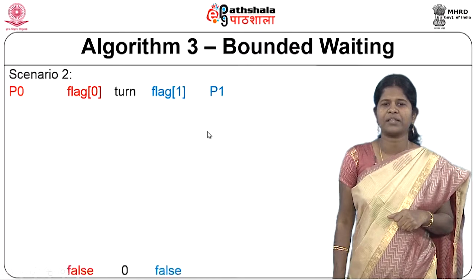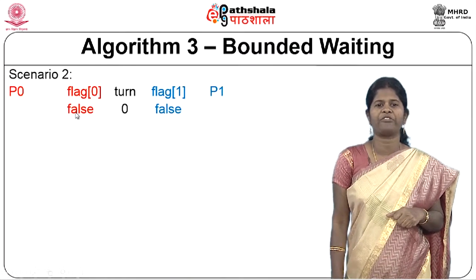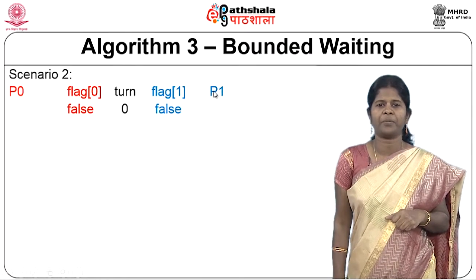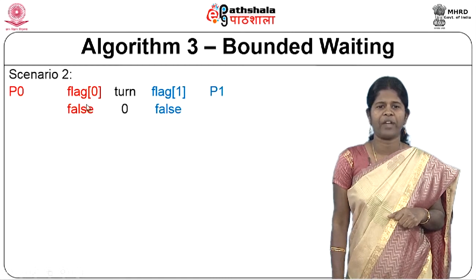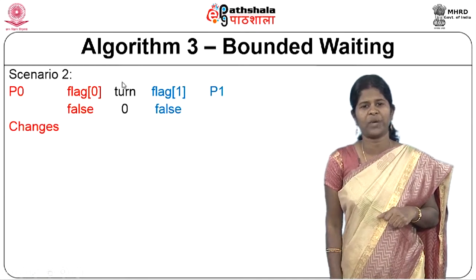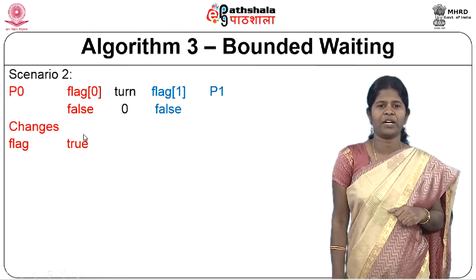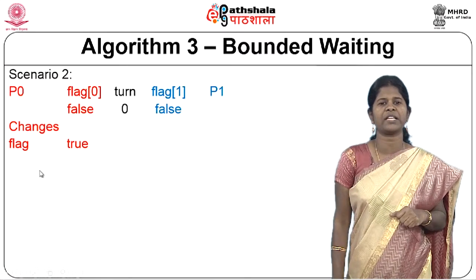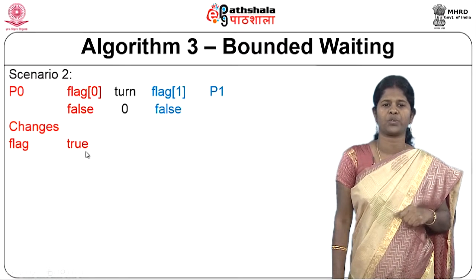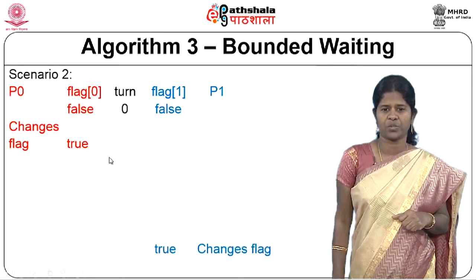Say look at this scenario where you have process P0 and process P1 and flag set to false initially, initial value of turn is 0 and P0 is first trying to enter critical section, it changes its value of flag to true, flag of 0 is set to true.